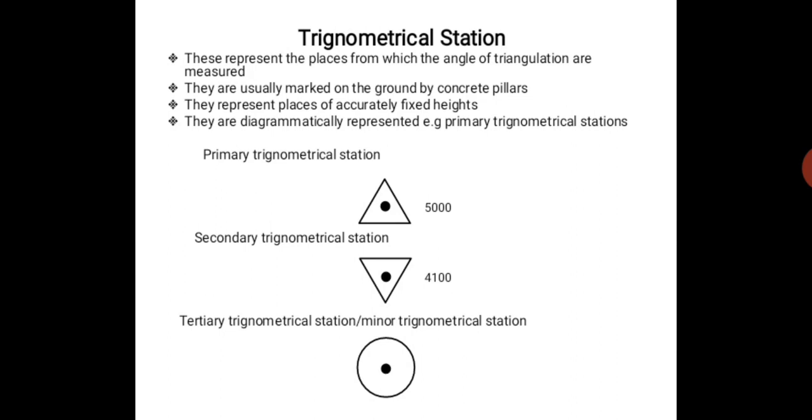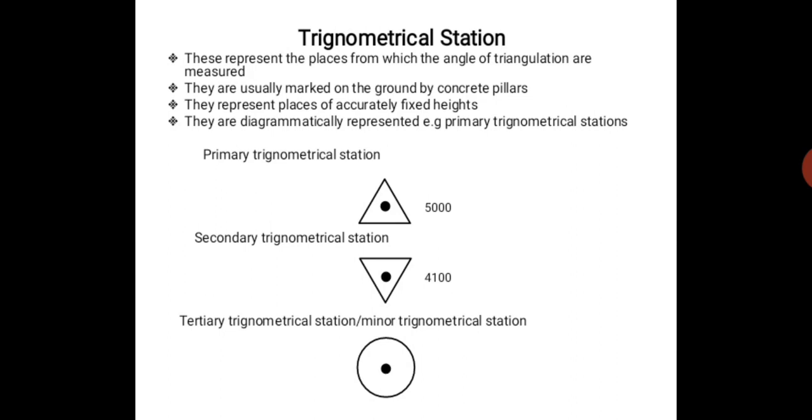But physically, if you get to a construction site, you can see some of these figures also. So it is the figures obtained from the land that are brought to the paper, for you to see and use. The third one, the tertiary trigonometrical station.